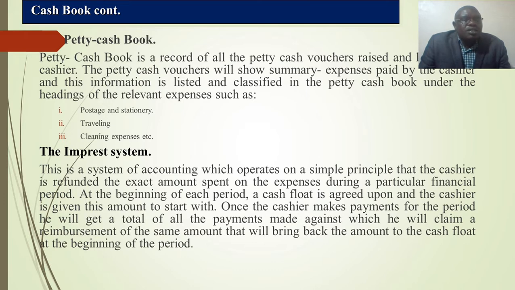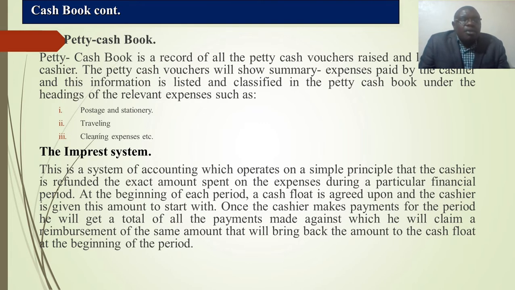The imprest system is a system of accounting which operates on a simple principle that the cashier is refunded the exact amount spent on expenses during a particular financial period. For example, if an organization is operating on an imprest system of 500 shillings, the cashier will be given 500 shillings at the beginning, let's say, of a month.